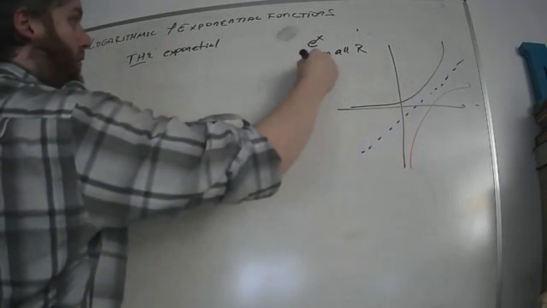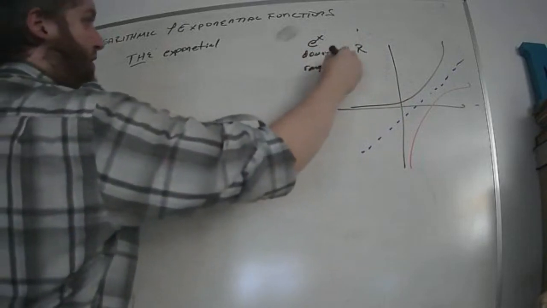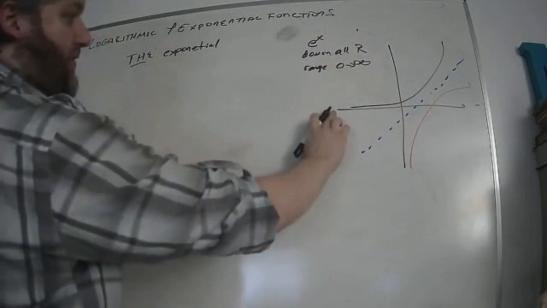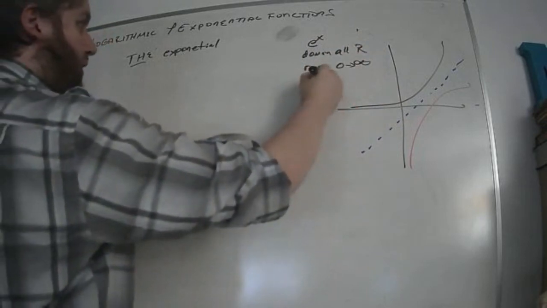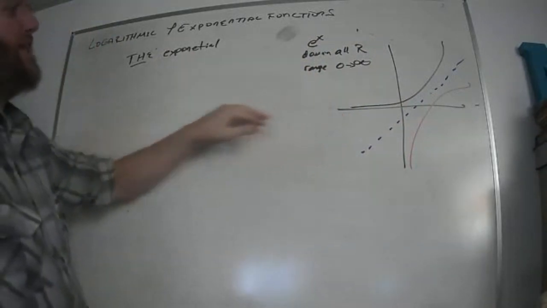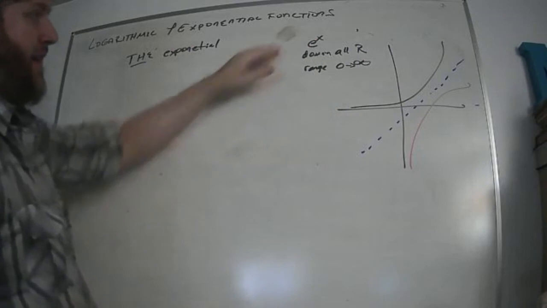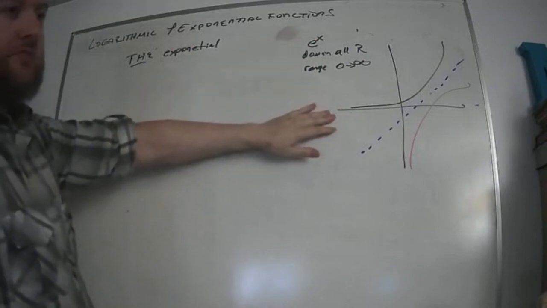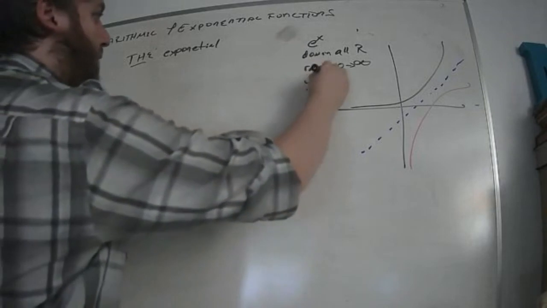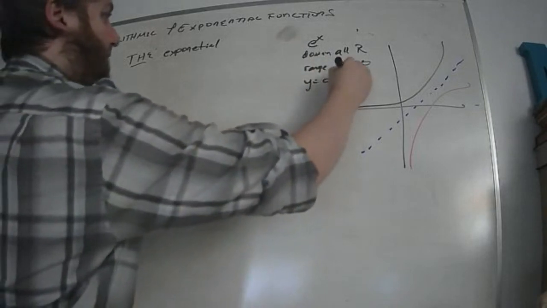The range is 0 to infinity, and therefore it has a horizontal asymptote at y equals 0. That is to say, at negative infinity, e to the x equals 0. Since we'll never get there, we say that y equals 0 is the asymptote.